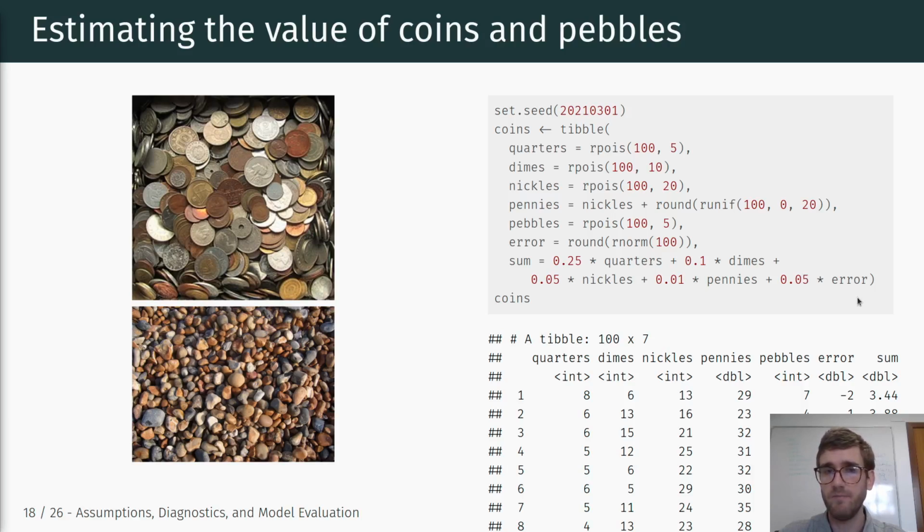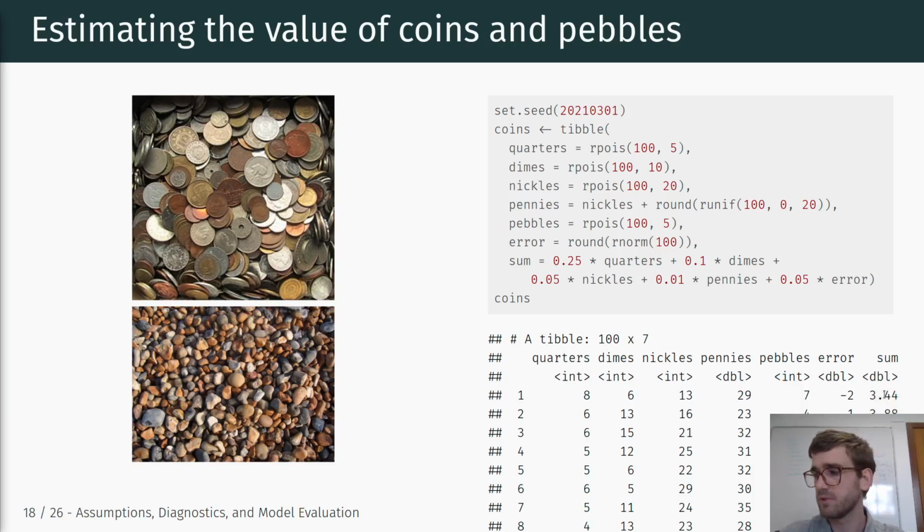The underlying data that we then have is, again, a tibble, 100 observations, 7 variables. We have the number of quarters in each pocket, so to speak. We have the number of dimes, nickels, pennies, and pebbles, as well as the sum.